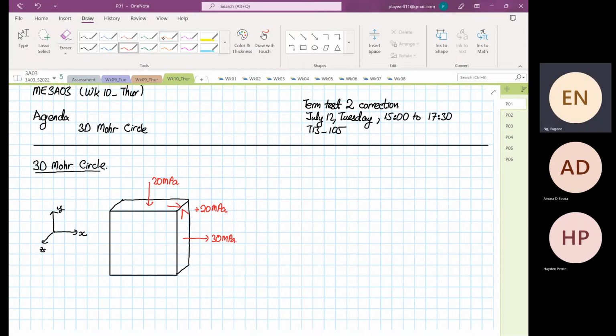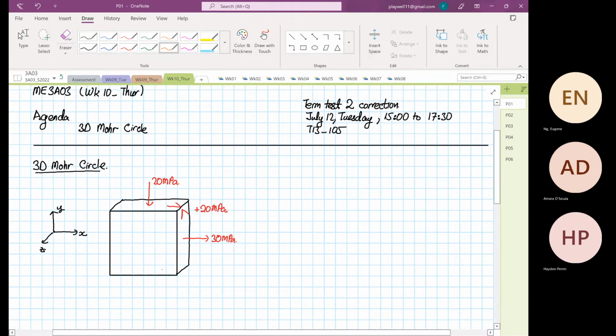So let's briefly recall the planes. This surface over here is known as our XY plane, and this is our in plane, because of the largest surface area.